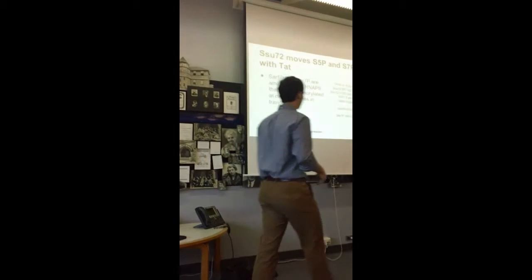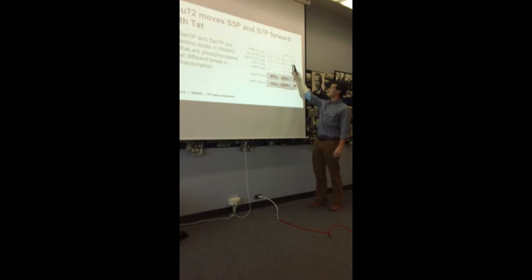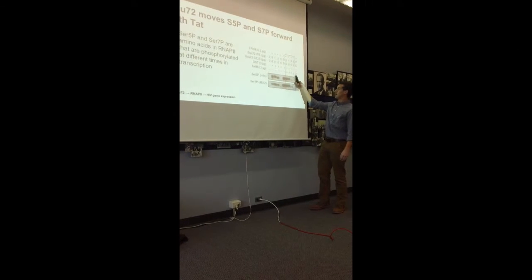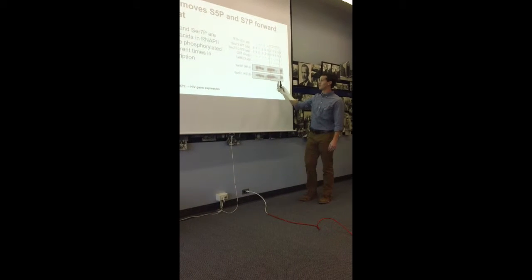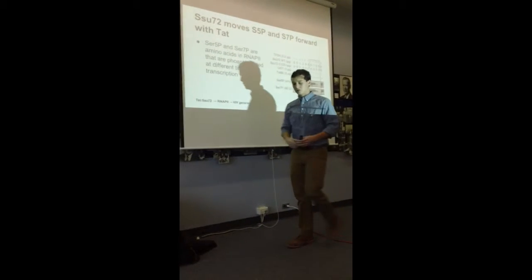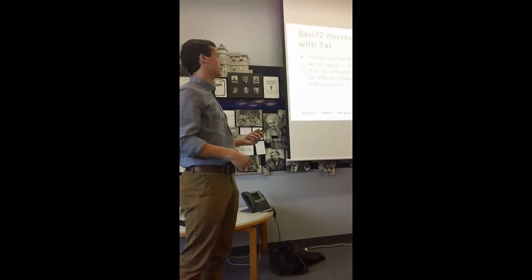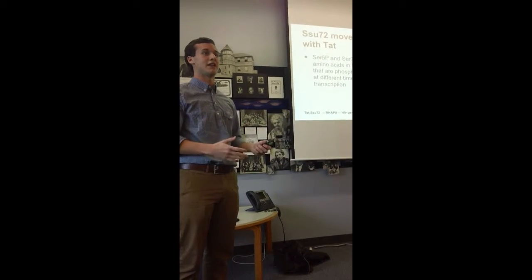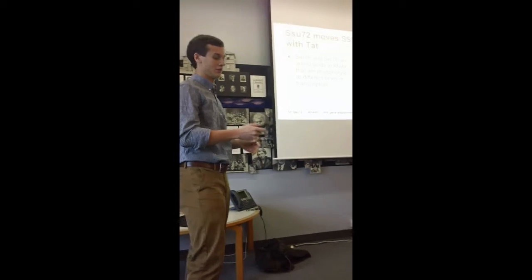So as you can see, as they increase levels of SSU72 with TAT positive, S5P and S7P activity decreased significantly. So basically, they found that there was a link between TAT and SSU72's activity being increased.